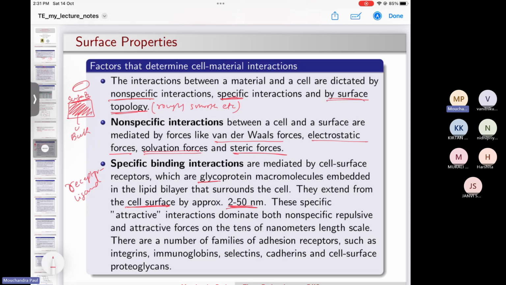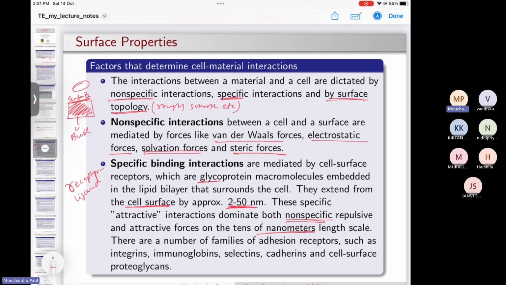So people have observed, it is always the case, that specific receptor-ligand interaction always dominates the non-specific interactions, whether the non-specific interaction is an attractive one or a repulsive one. And it happens on a length scale of nanometers. As you can see, a receptor is only 2 to 50 nanometers. So specific interactions dominate the non-specific interactions.